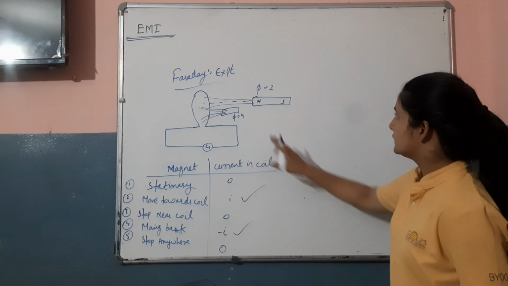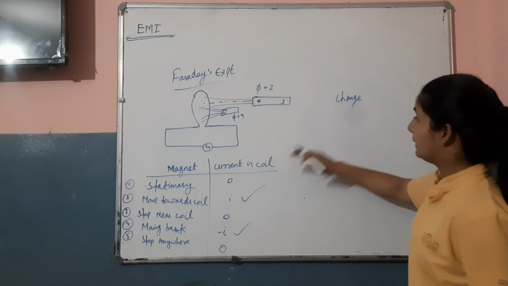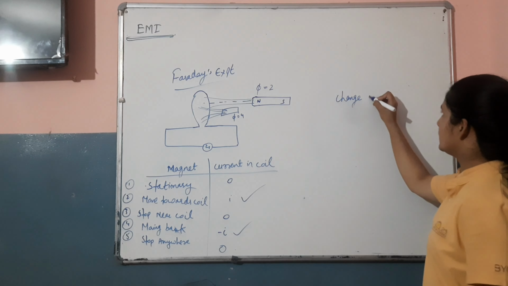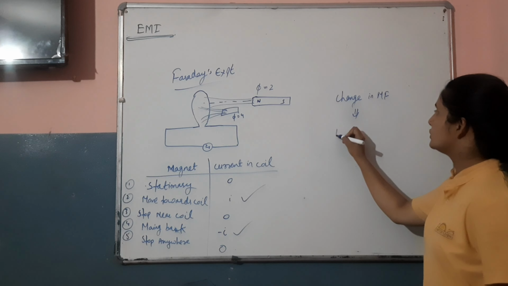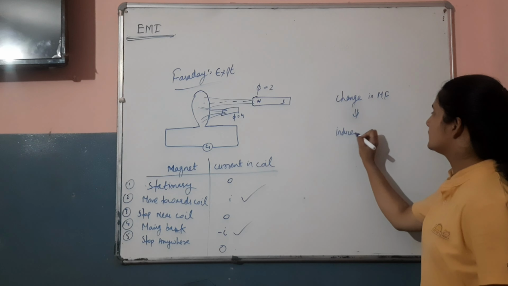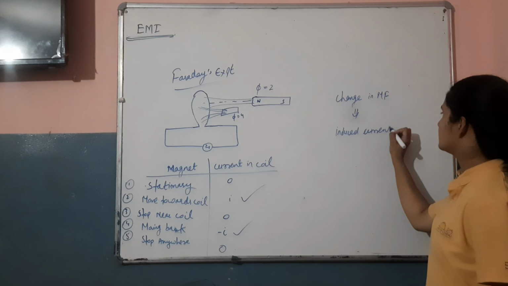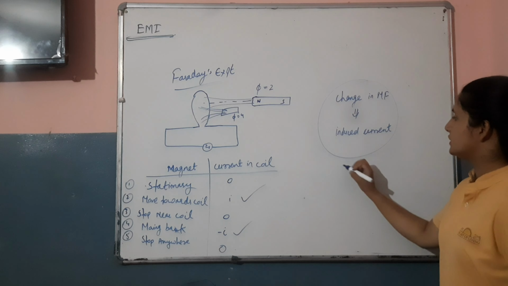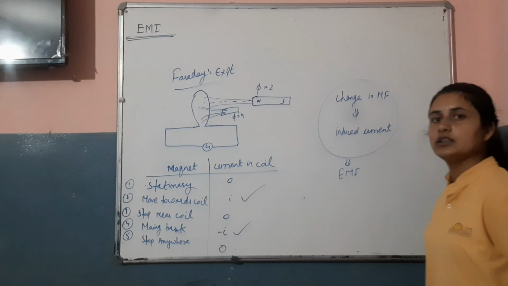So we can say that when the magnet is moving, then there is a change in magnetic flux. This leads to the production of induced current, and this process is called electromagnetic induction.